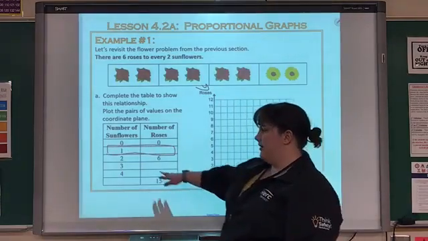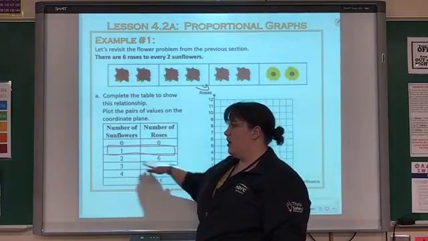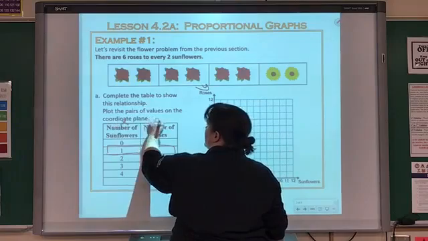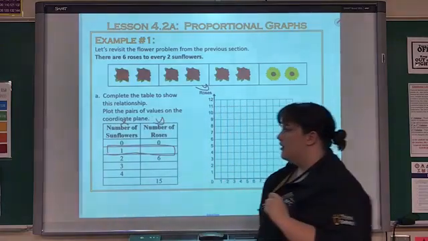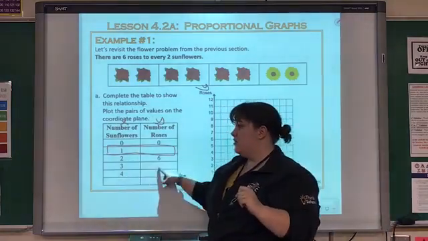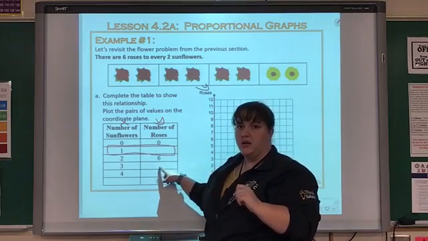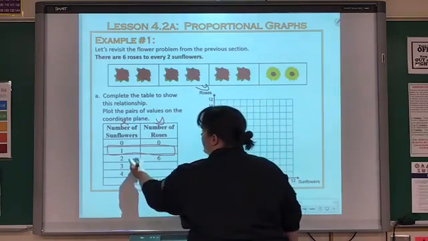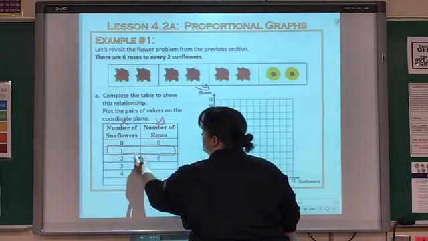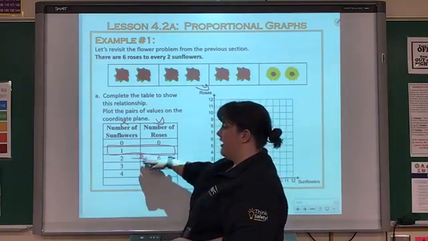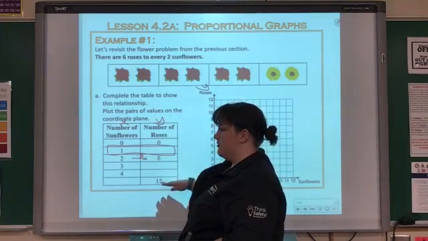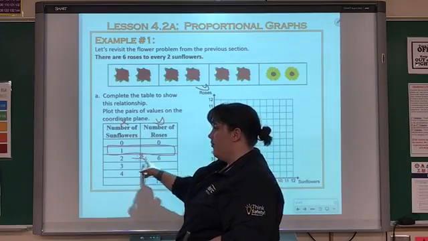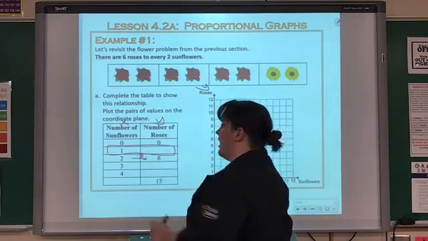Well, we need to look at a part of our table where we know both data points. Remember, this is our x and this is our y. Right here we have 2 and 6. 2 times something is going to give me 6. That something is 3. So for every other part of this table, we need to multiply the x value by 3 to get this y value.